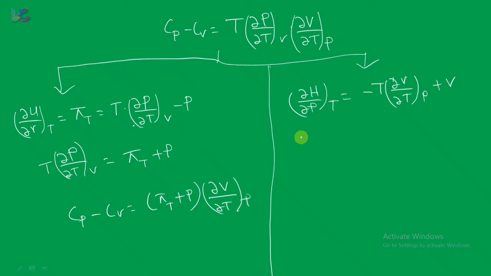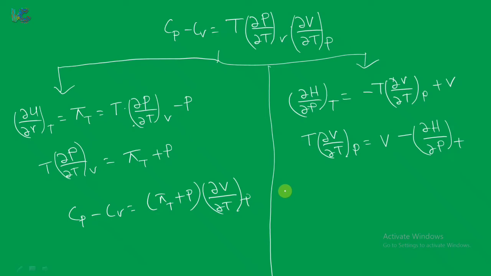Okay. Now here what you do, you replace this term T del V del T at constant P. If you write T del V del T at constant P, then you will get V minus del H del P at constant T. Now you put this value in this equation.